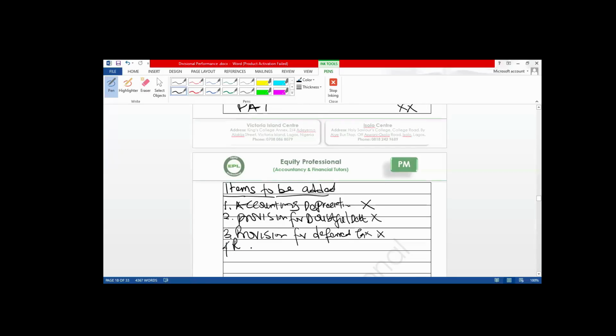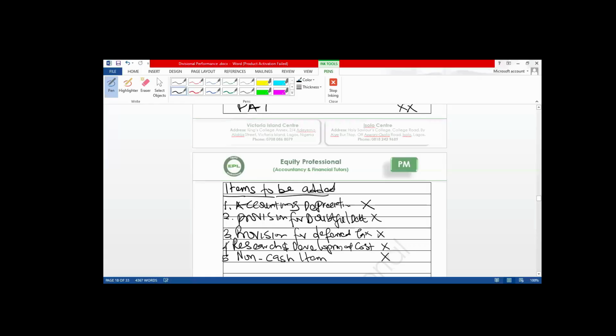Four, research and development costs. Add back. Five, non-cash item.